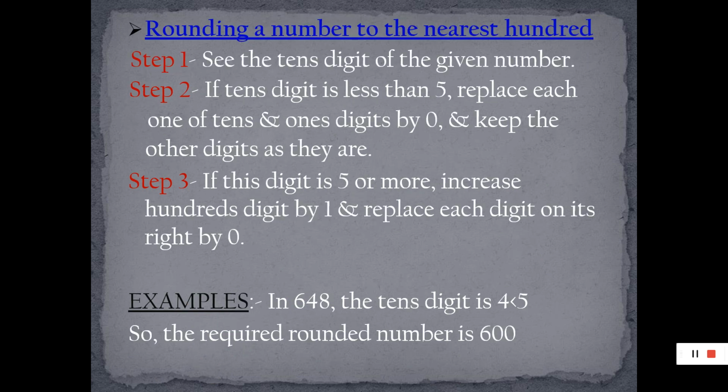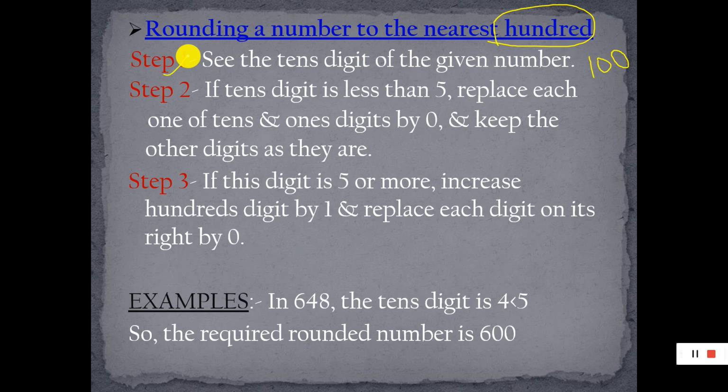Now let's come to the next topic, rounding a number to the nearest 100. Nearest 100, 100 means like that. So how can you do it? Here are also some steps.